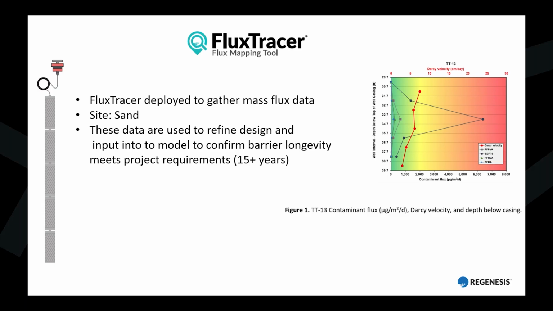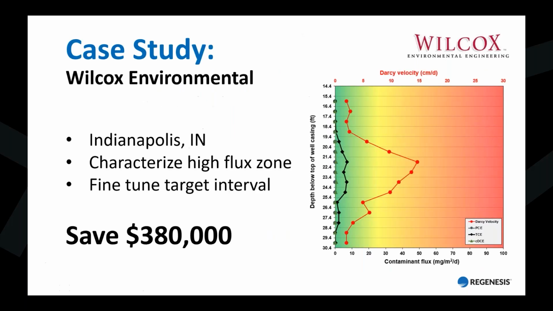So we wanted to make sure we had focus in that area with the application to ensure we can meet the project requirement of 15 years. And another example, again, we see a very targeted zone, but by adjusting our design, we were able to save $380,000 on this particular project because we didn't have to apply as much material versus applying the same amount of material across the whole transect.